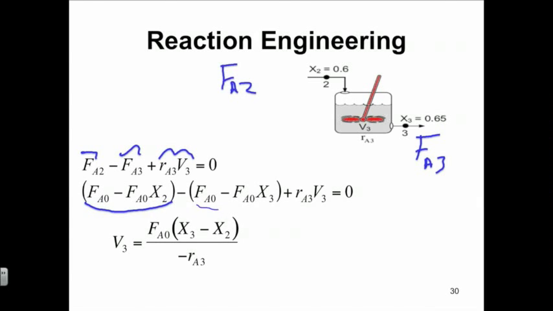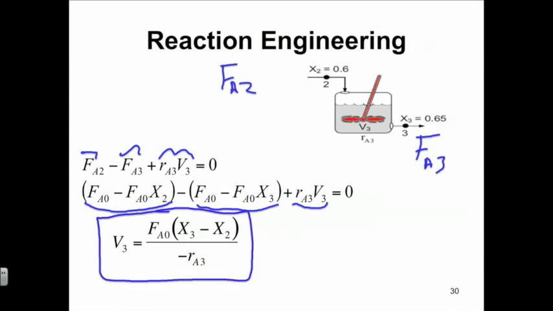Fa3 is Fa0 minus Fa0 X3, and this then is our generation term. Rearranging and dividing by minus Ra3, we see this is the volume of a CSTR necessary to increase the conversion from X2 at point 2 to X3 at point 3.